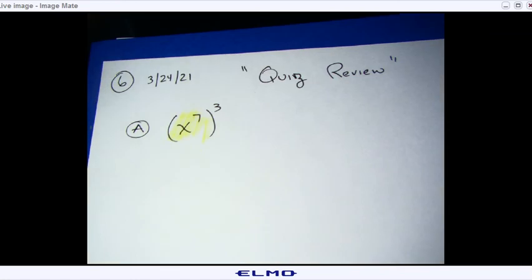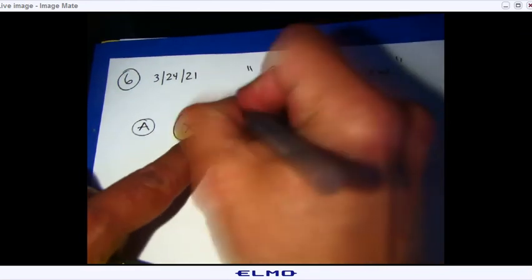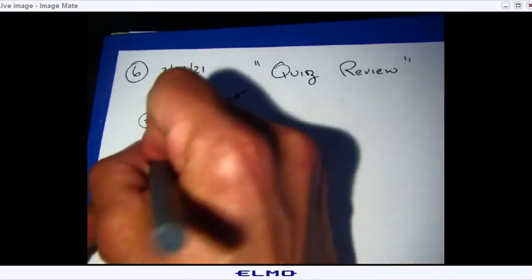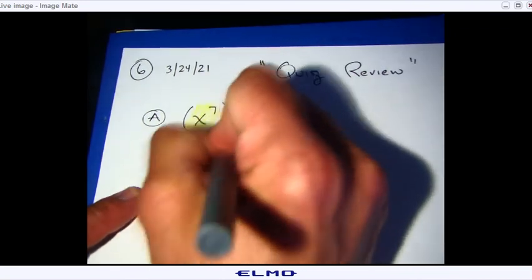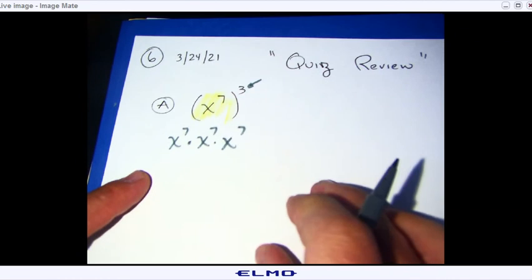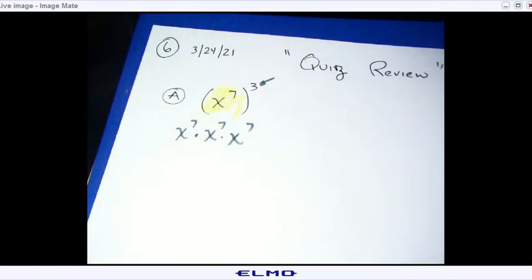Do it the long way. You have x to the power 7, and you're going to show it to me 3 times. So x to the 7 times x to the 7 times x to the 7, right? So do I multiply because it says multiply? No. When it's exponents, when you lay them all out, you just add them.